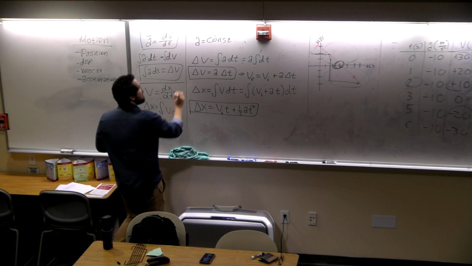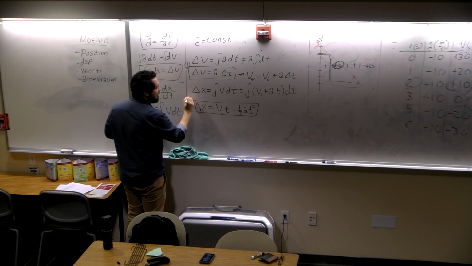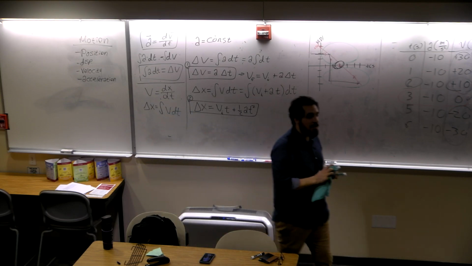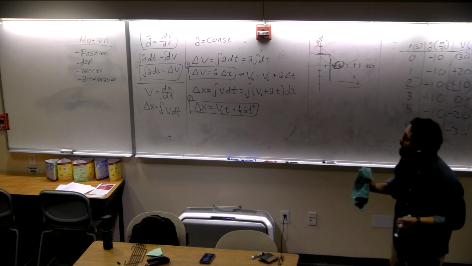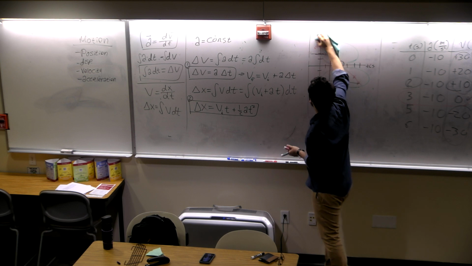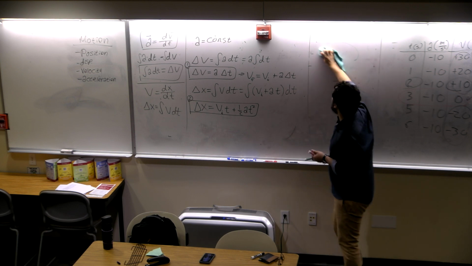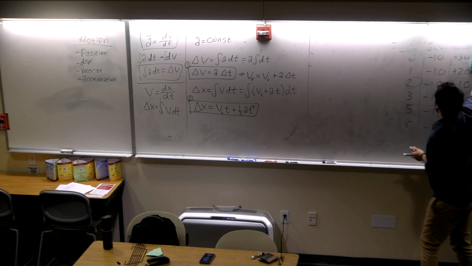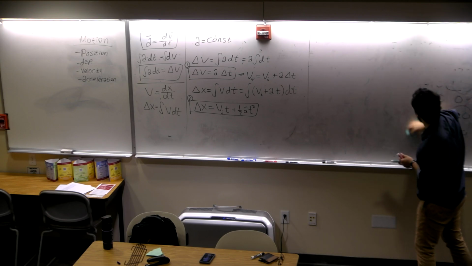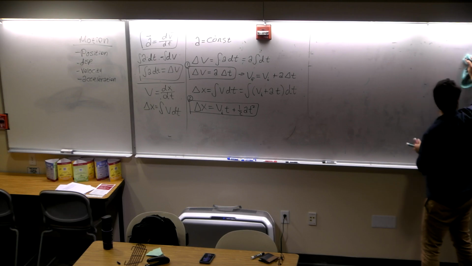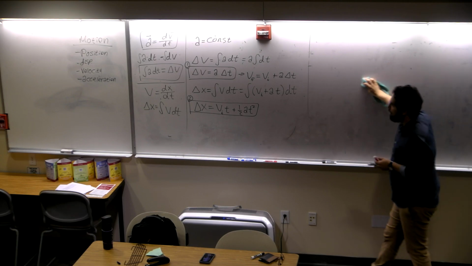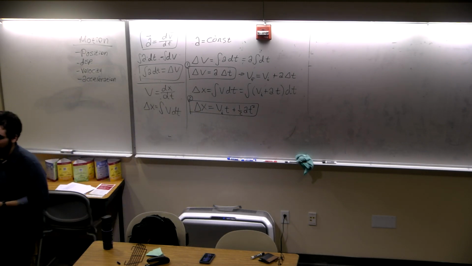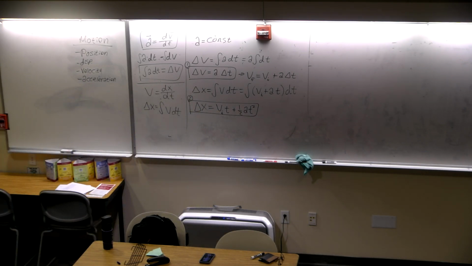This first equation and the second equation are considered to be your two kinematic equations for constant acceleration motion. These only apply under the case that your acceleration is constant. And that does include acceleration being zero, a non-accelerating object. These equations still apply because zero is still constant.